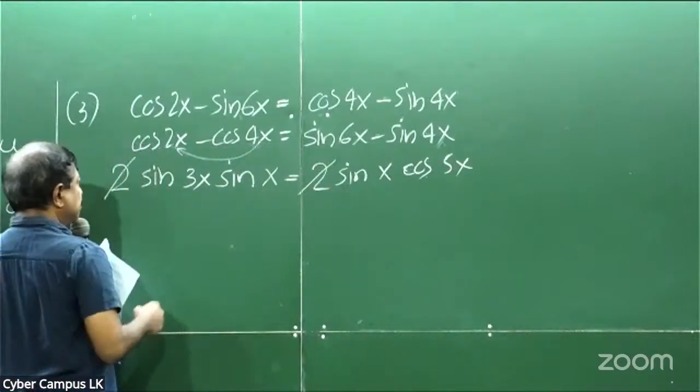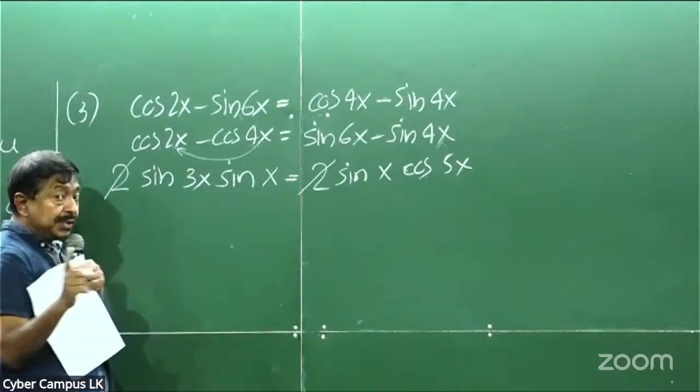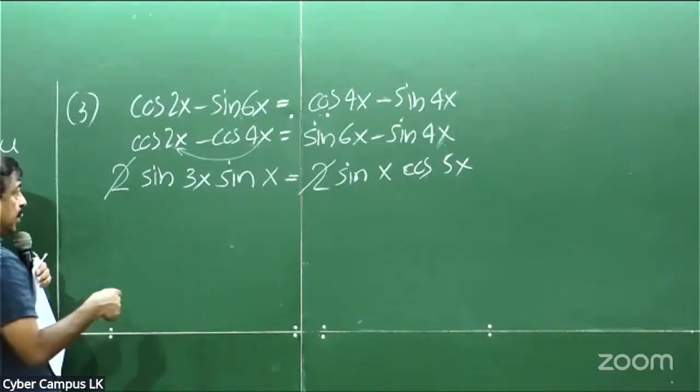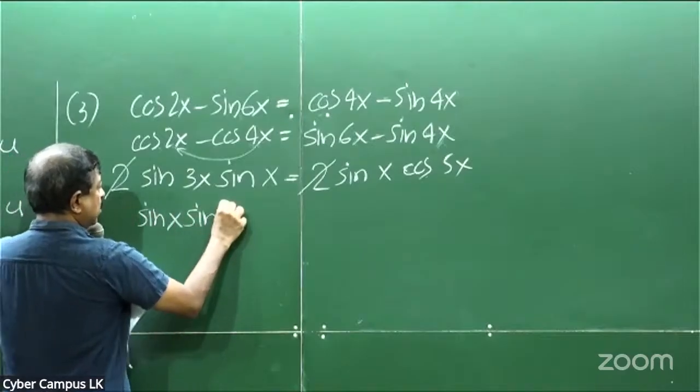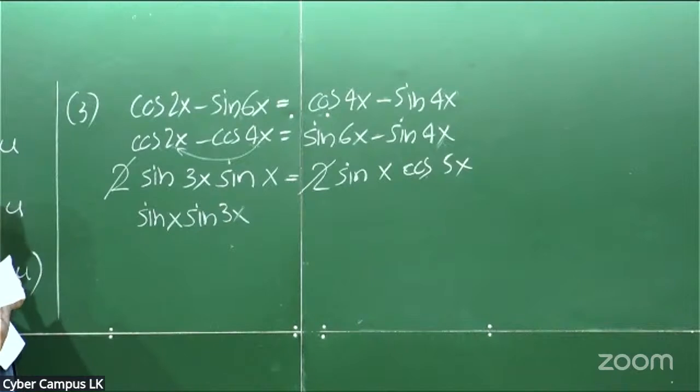You can bring that to one side. Don't divide it by sine x, it is wrong. You cannot divide the equations by variables. Cos 5x.